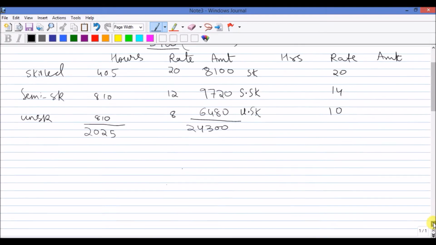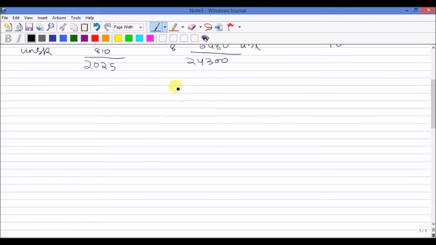So I need to prepare a working note here. Working note 2. This is for actuals, which is skilled, semi-skilled and unskilled. Hours we are going to take, these are the paid hours.